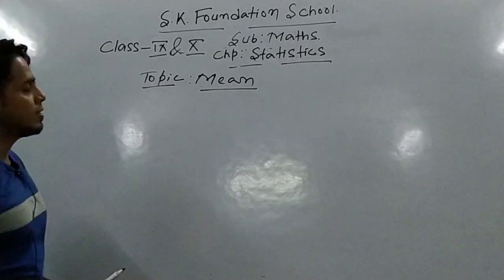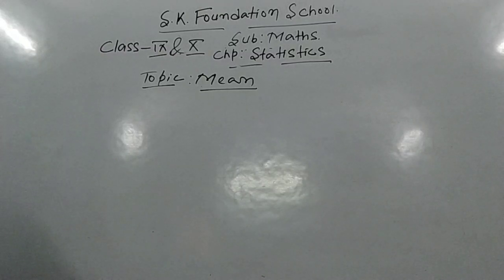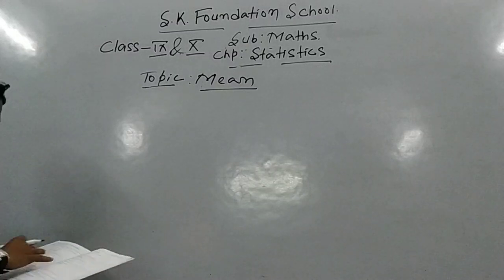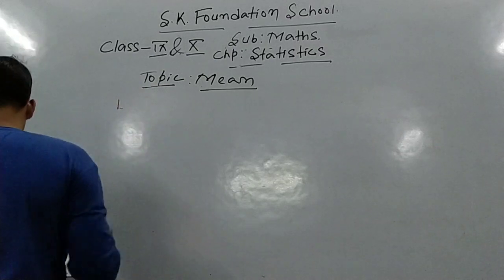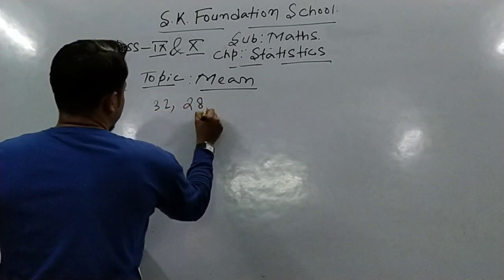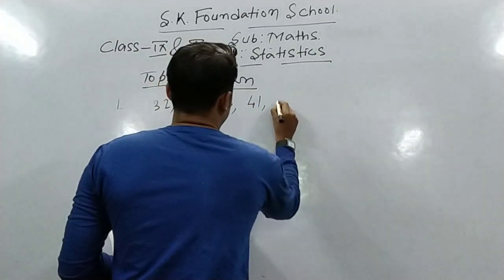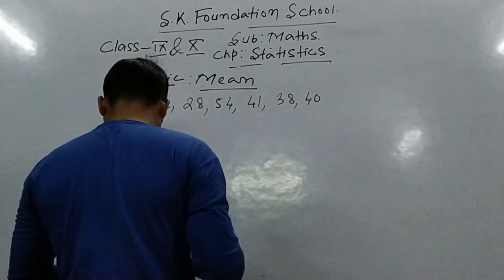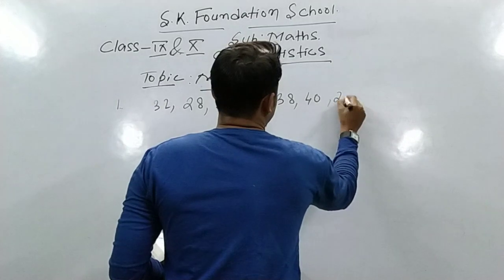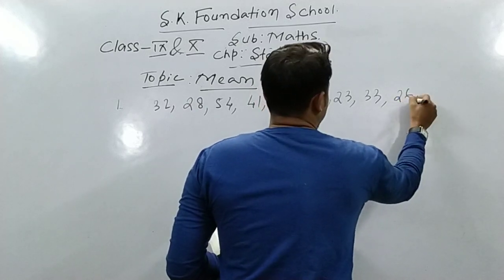Now we are going to start our exercise sum. Suppose a few observations are given: 32, 28, 54, 41, 38, 40, 23, 33, 26 and 35.